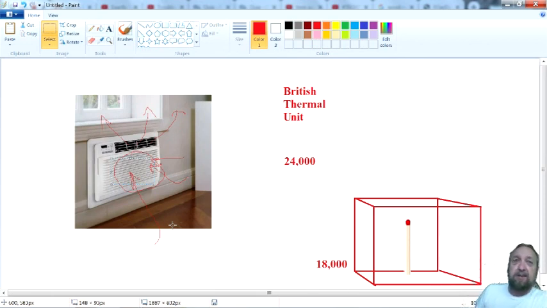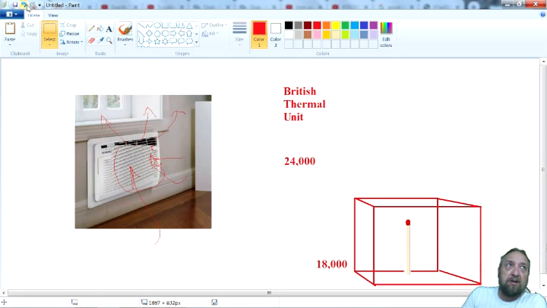Well, the problem is the 18,000 BTU that was this size, now the energy efficiency changed, and it's now a 12,000 BTU air conditioner for the same physical size. So a customer puts it in thinking, well, it fit perfectly in the hole in the wall, then it's going to do the job.